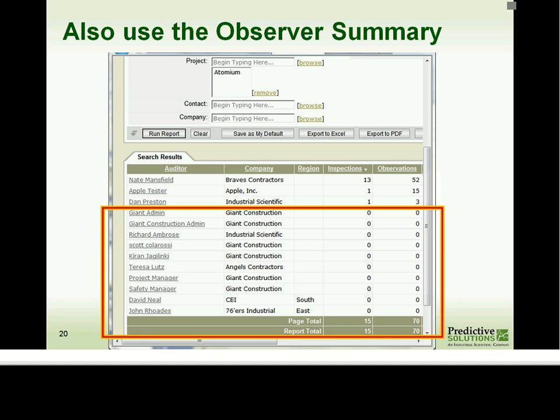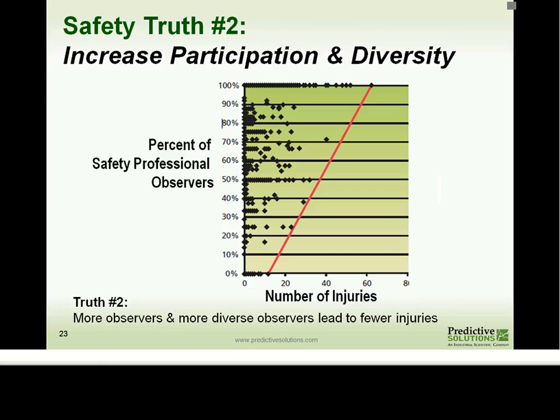So not only are safety professionals doing observations, but you have managers, supervisors, superintendents, employees doing observations. And the more diverse your observers are, the better chance we have of impacting incidents and injuries.